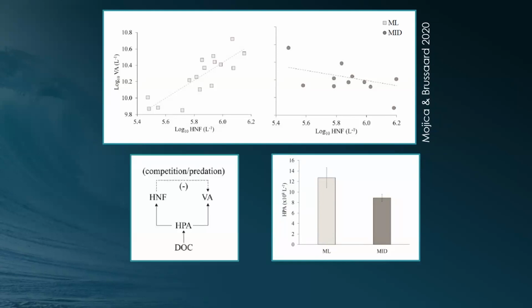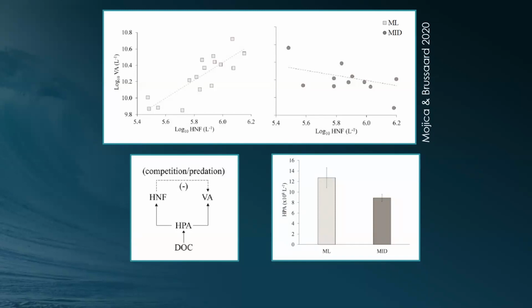And so you can think about this as if there's plenty of prey, they're both kind of eating them, lysing them, and so they're both increasing in parallel. However, when their prey becomes limited, they start to have an inhibitory effect, right? And also a kind of confounding part there is that heterotrophic nanoflagellates can actually eat viruses, although it's not shown to be really significant, and there's only a few studies.